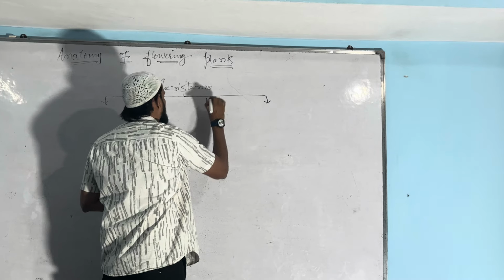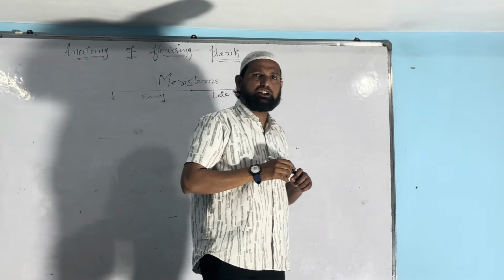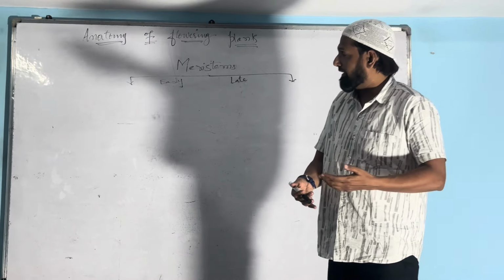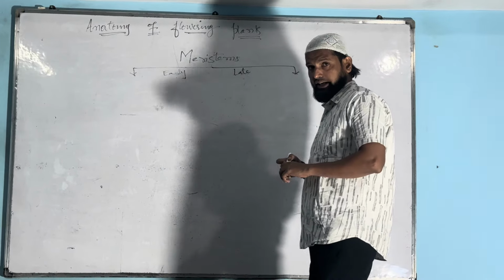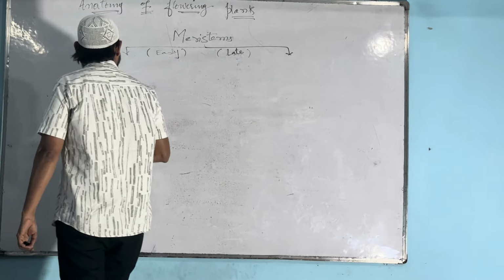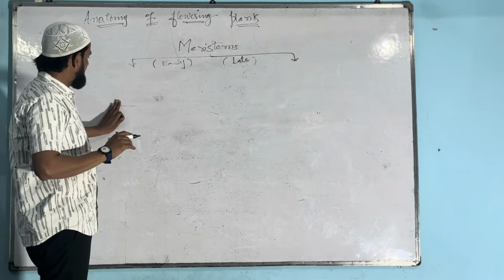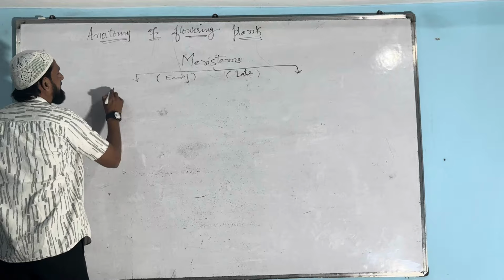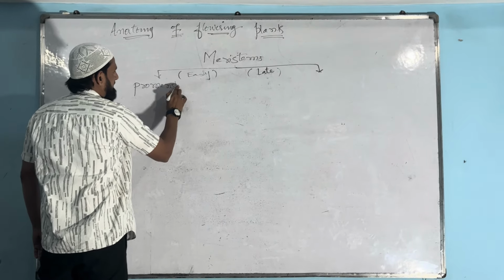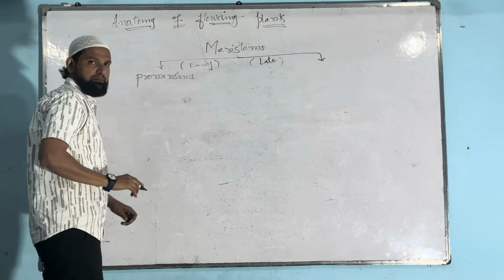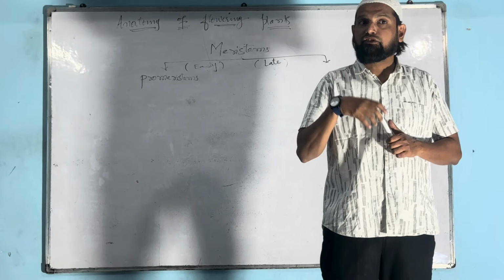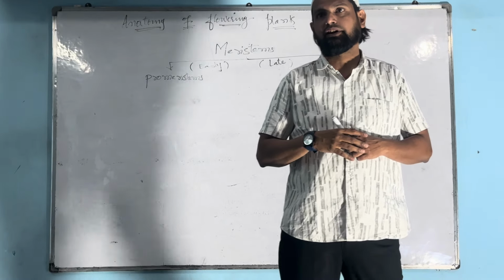The meristematic tissues are produced early in the plant, or they will be produced in the late form. So here the first word we have to take: the meristems may be promeristems. Number one is promeristem, which is also called primordial meristem.